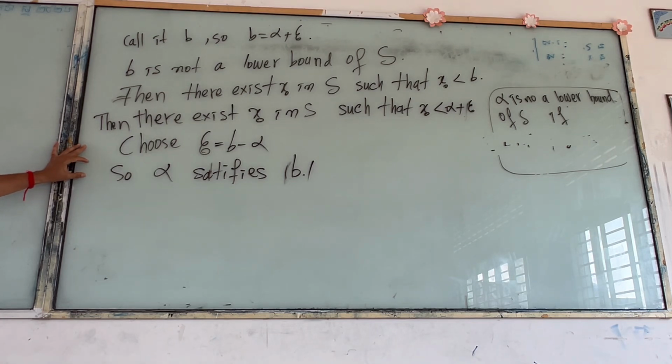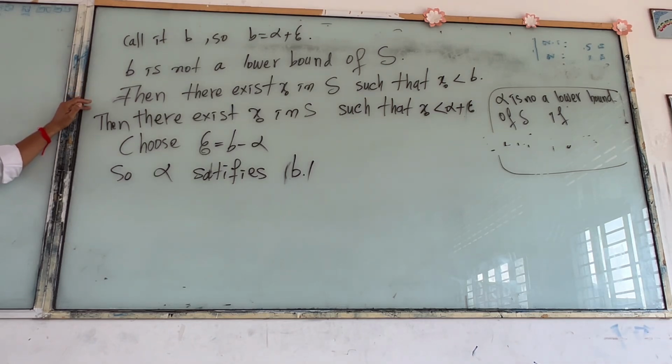Let me recall this theorem again. We call it theorem 1.8. It says: if a set of real numbers S is bounded below, then the infimum of S is the unique real number alpha that satisfies the following conditions.